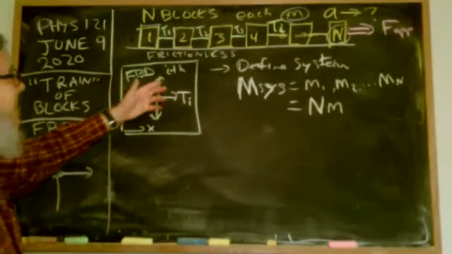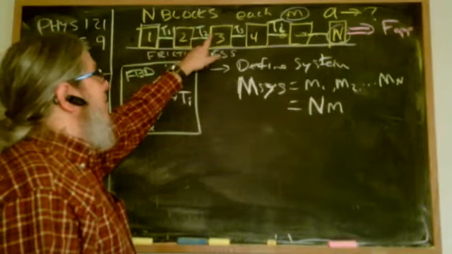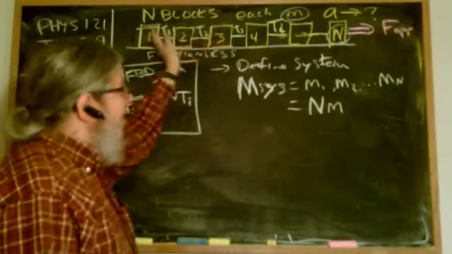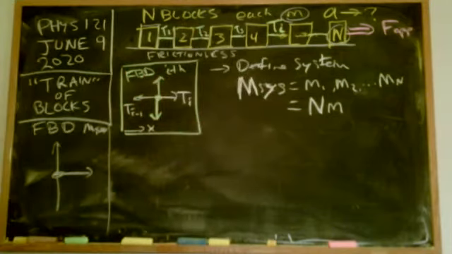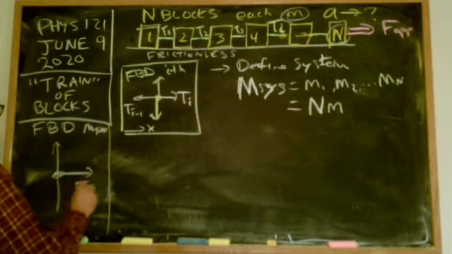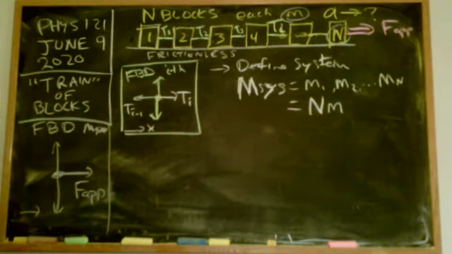Another way to think of this is, if there's a force applied to block 3, there's an opposite force applied to block 2, so they all cancel out by the third law anyway. I only have to worry about the external forces, and the only external force in this problem is F_A. And that's my free body diagram. There's no other forces on this system.